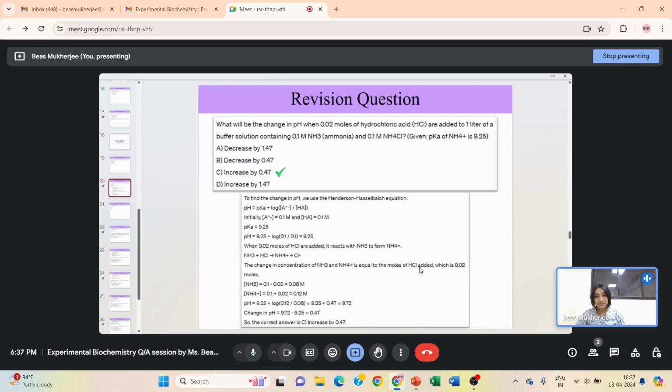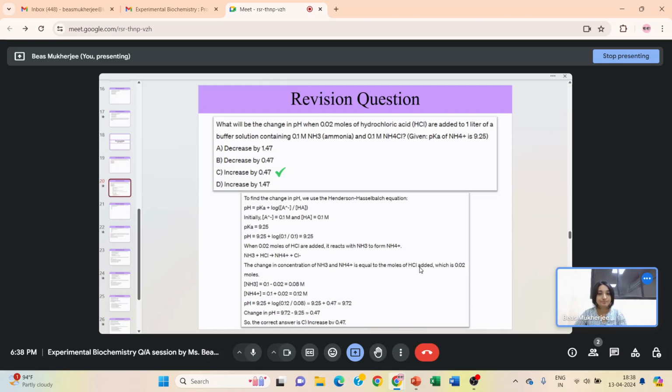So NH4+ 0.12 divided by 0.08, which is the NH3. So then what happens? We get 9.72. And the change in pH is 9.72 minus 9.25, that is 0.47. So the right answer is, it increases by 0.47. So there is a rise in pH by 0.47.